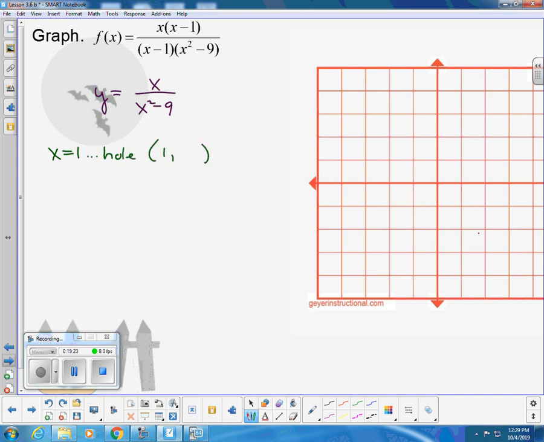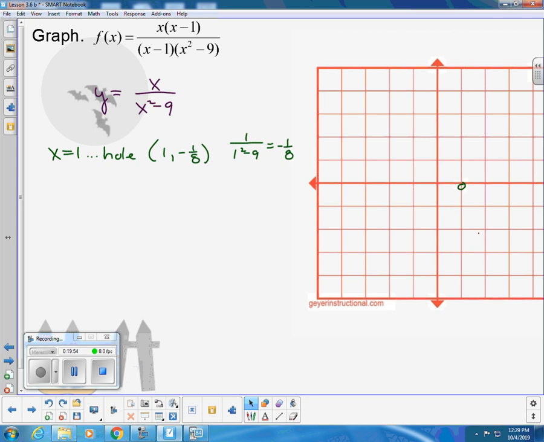I know the x part is 1. If I put it into this function, 1 over 1 squared minus 9, that gives me the y part of the hole. See that? So I can graph that. I'm over 1, down 1/8. There's where my hole is.